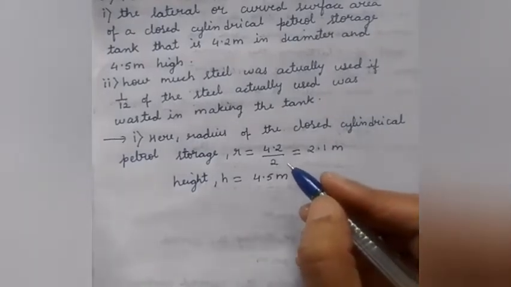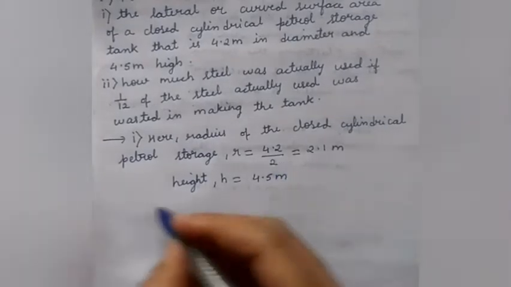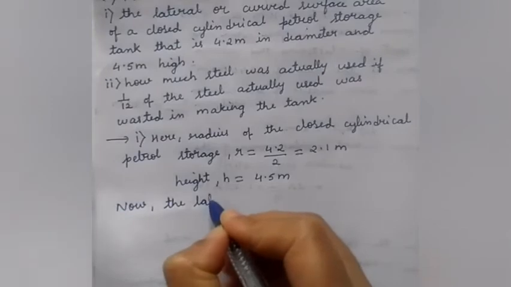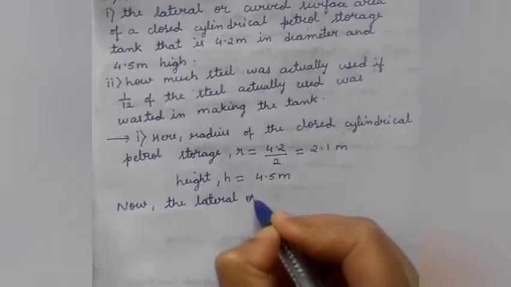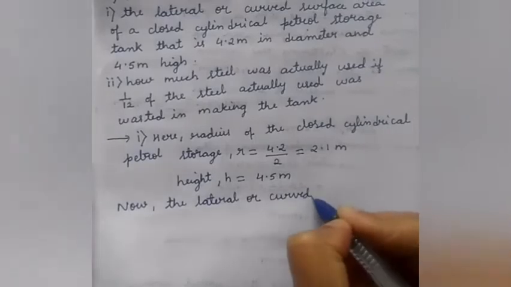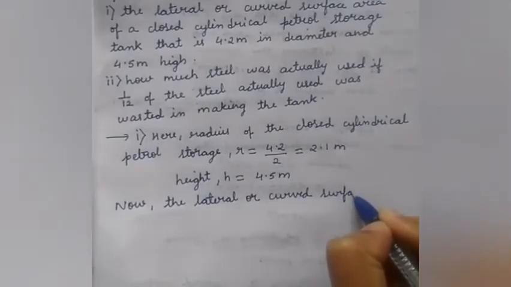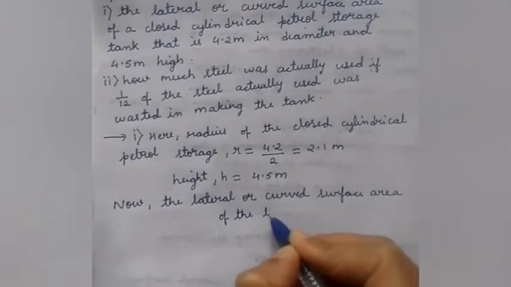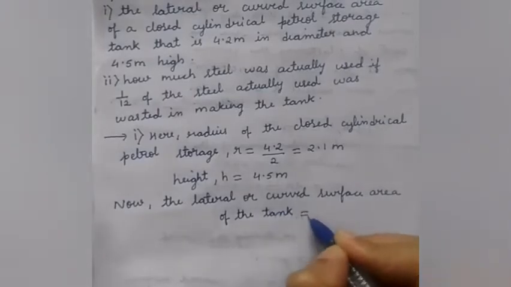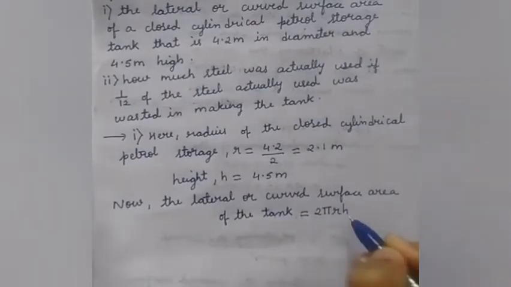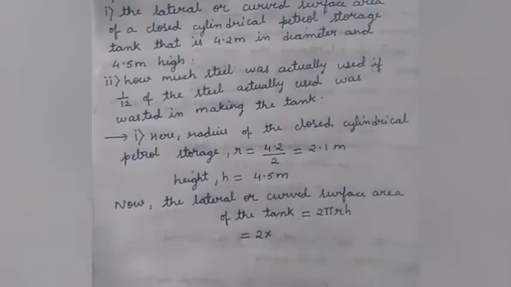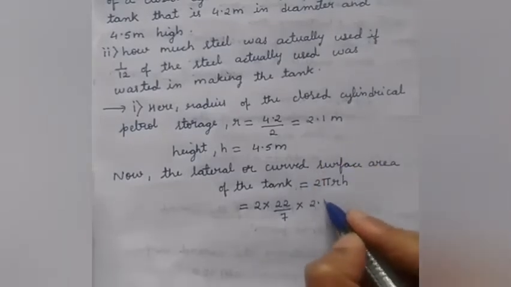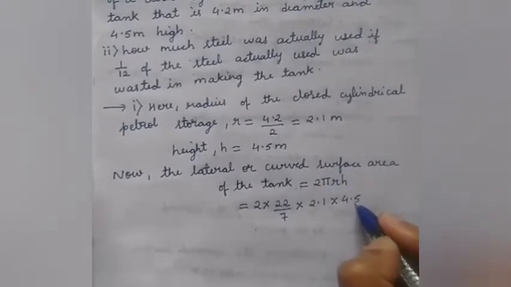Now we have to find the lateral or the curved surface area of the tank. The lateral or curved surface area of the tank is equal to 2 pi r h, that is equal to 2 into pi, which is 22 divided by 7, into r which is 2.1, into h which is 4.5.